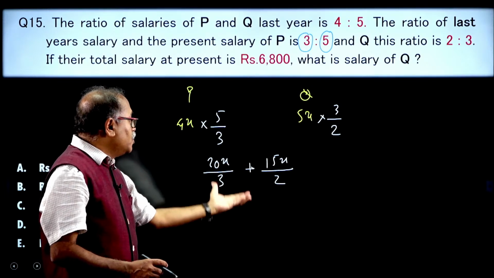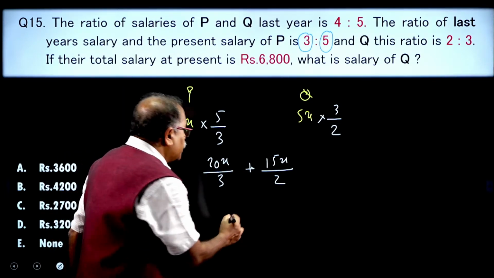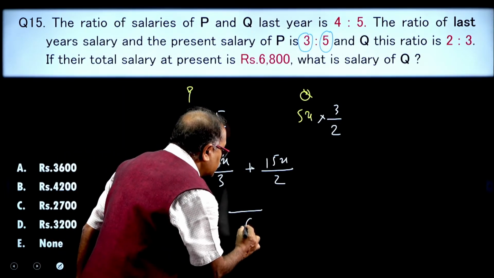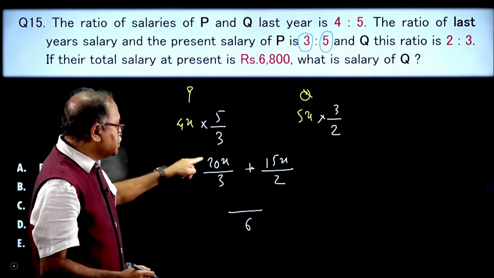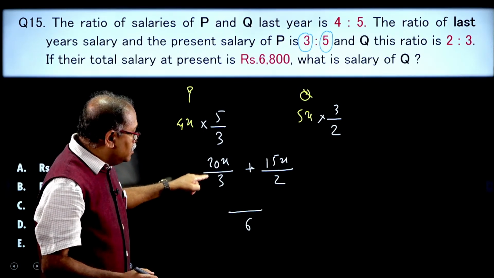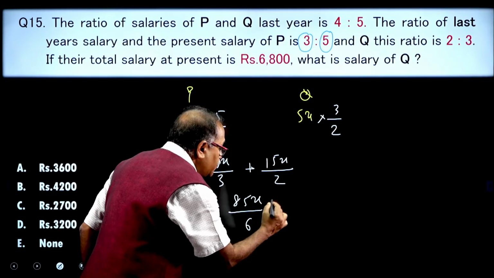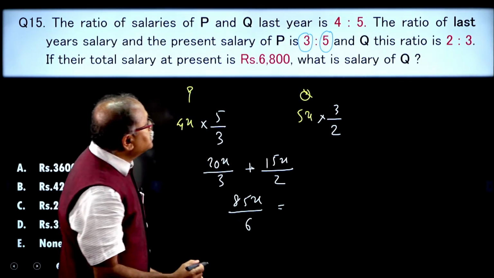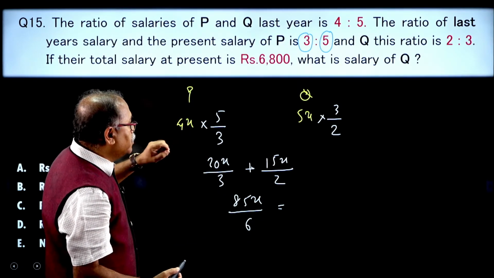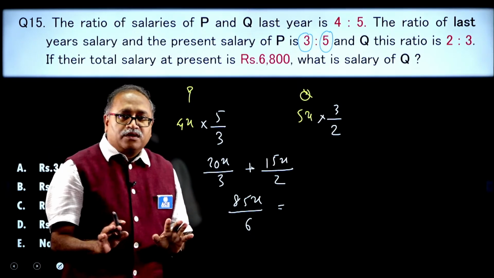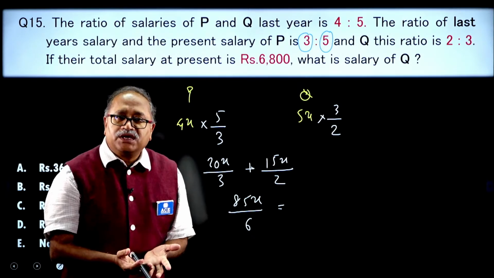So, what is the sum of these two? The LCM is 6, and this is 40 and 45, that is 85x by 6, which is equal to, okay, we can find out the x value.